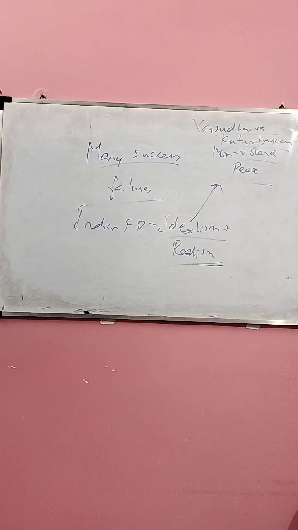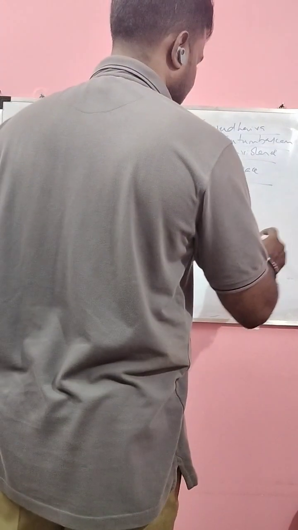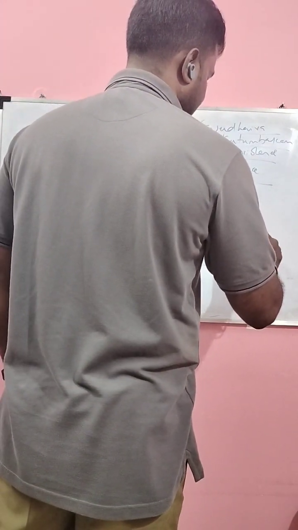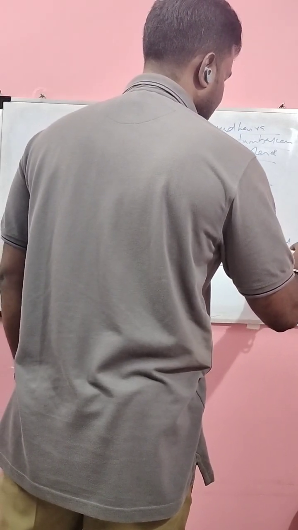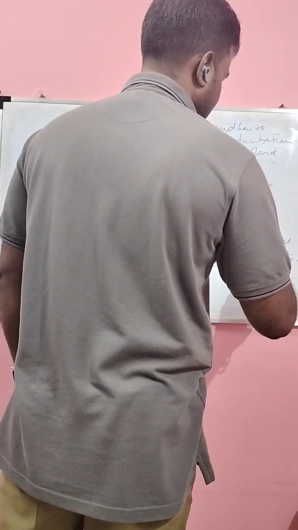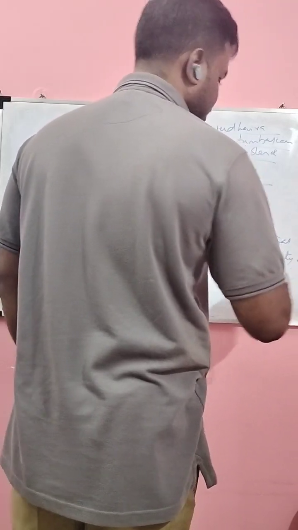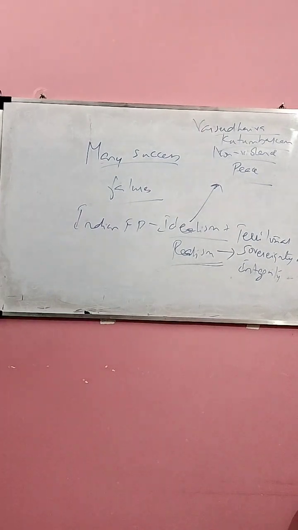We respect each other's territorial sovereignty and integrity. Respecting territorial sovereignty and integrity, we tell other states that we won't compromise on our national security no matter what. These words may seem rather standard or normal on paper, but they carry great weightage. Nothing but realism, is it not?